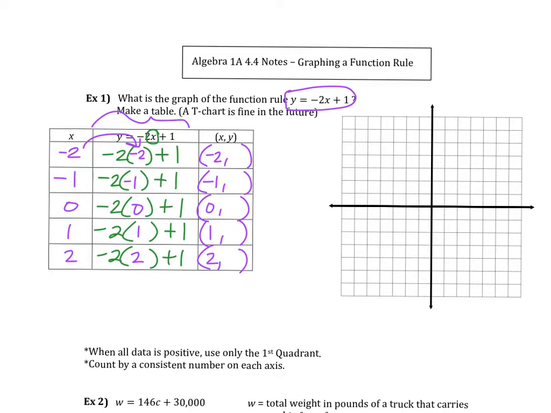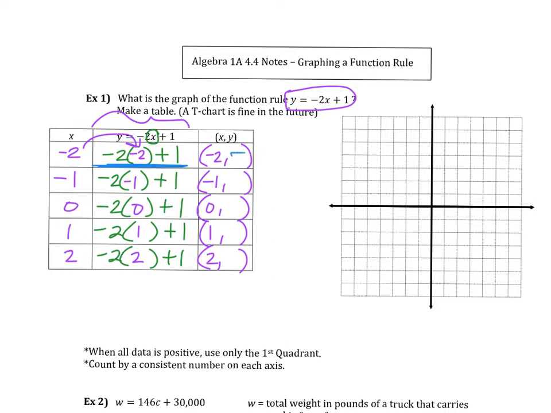So what you're going to do is you're going to calculate this setup. -2 times -2 is +4 plus 1, okay? And you may use your calculator for this part. Just plug it in. -2 times -2 plus 1.